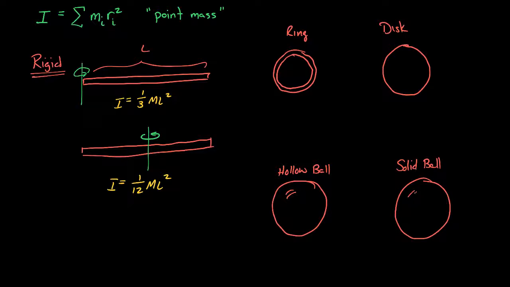These are all objects I figured you should take a look at, or at least have an idea of their moments of inertia. Again, I think you should be able to put them in order from smallest moment of inertia to largest moment of inertia. Let's assume they all have the same radius and mass.